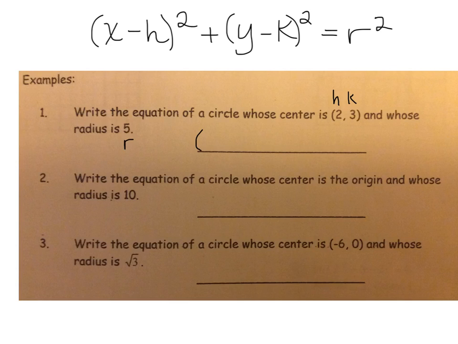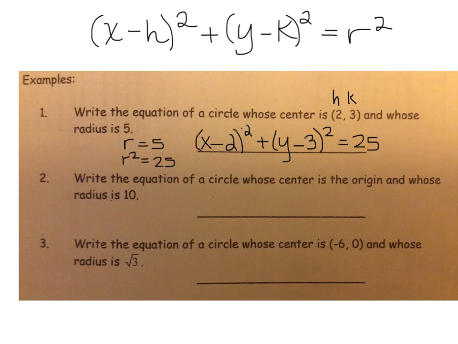So we're going to write x minus whatever h is, which is 2, squared plus y minus whatever k is, 3 squared equals, now r squared would be, r is 5, r squared would be 25. So there's the formula of a circle, who has a center of 2, 3 and a radius of 5. Feel free to try the next one, or you can do it with me.